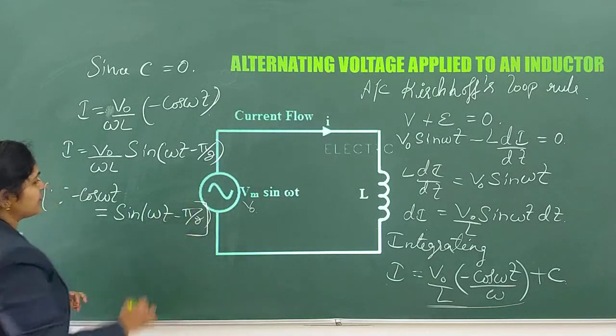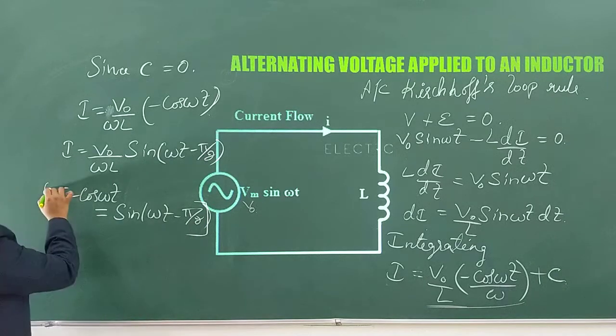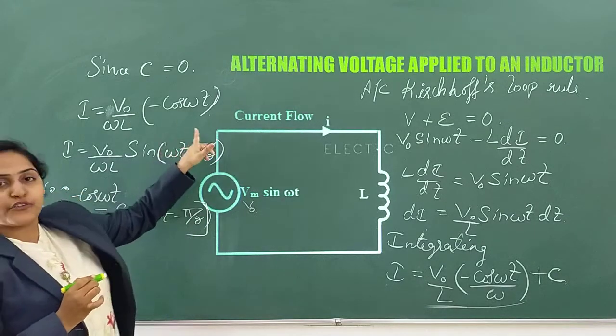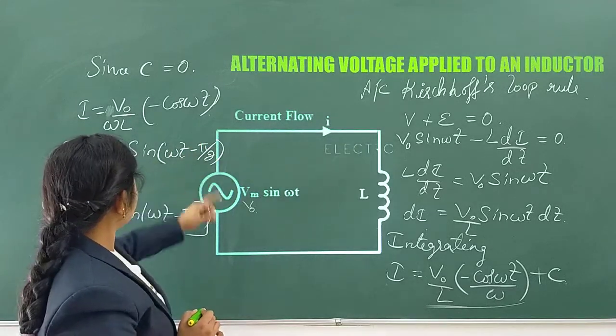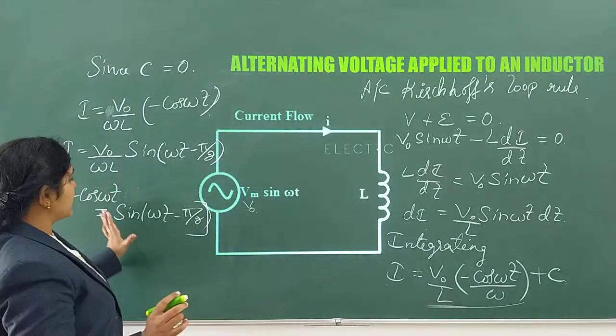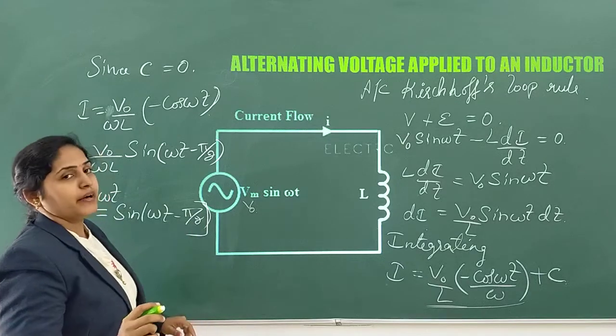So since this is the reason, we have replaced minus cos omega t by sin of omega t minus pi by 2.